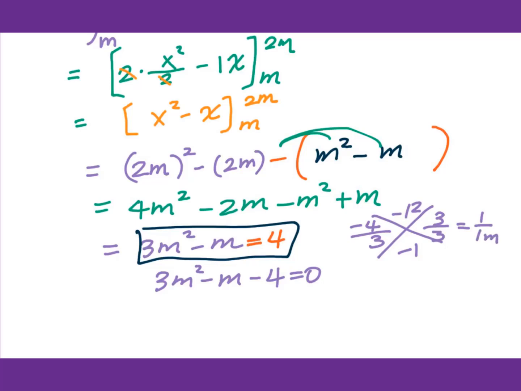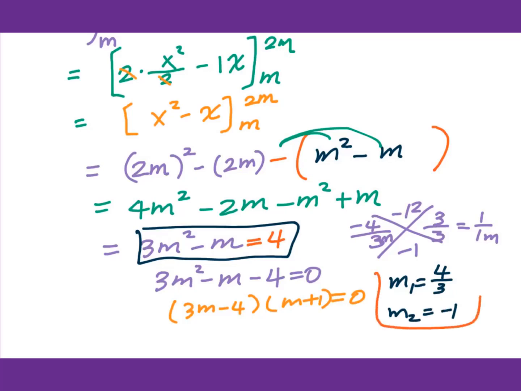Then we put the variable at the bottom. Then do the bottom up. You will get (3m minus 4)(m plus 1) equal to 0. So we get m1 equals 4 over 3, m2 equals negative 1. This will be the solution.